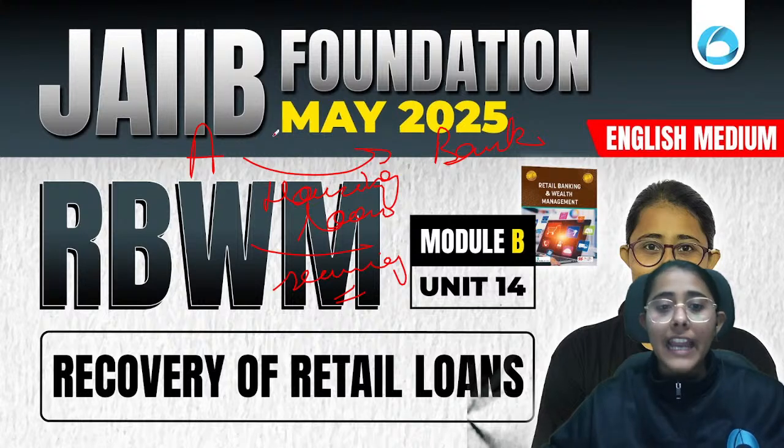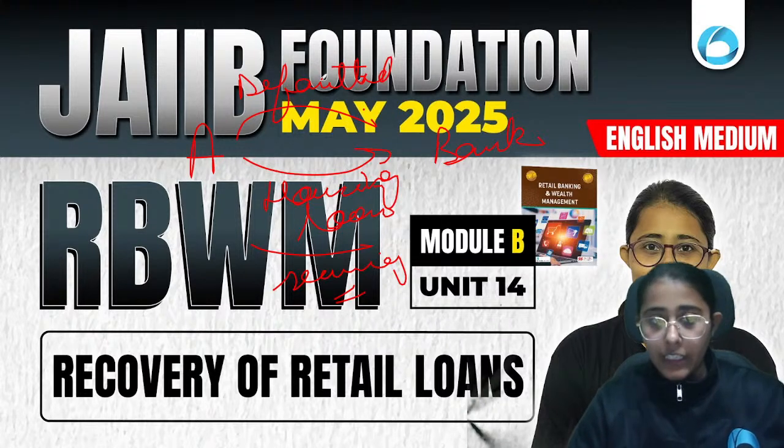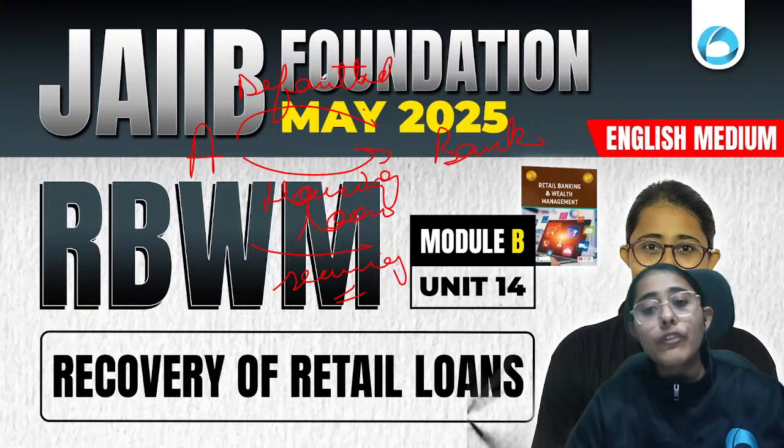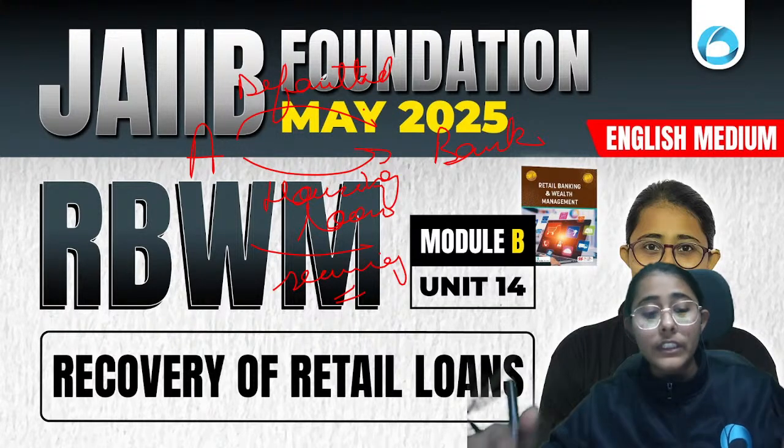But at the time of the repayment, this person defaulted, and this loan that was given by the bank to the borrower becomes a non-performing asset. So now what provision does the bank have to recover that loan, to recover the unpaid dues? In this chapter, we are going to discuss all of that.